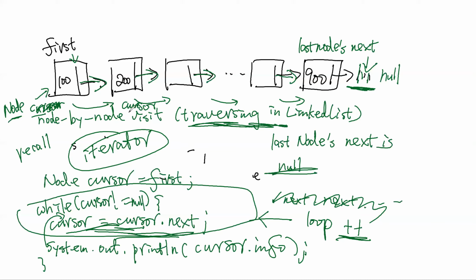So here we call this advance to the next node. So how do you advance to the next node? Cursor equals cursor's next. Okay, so this is the idea about traversing.